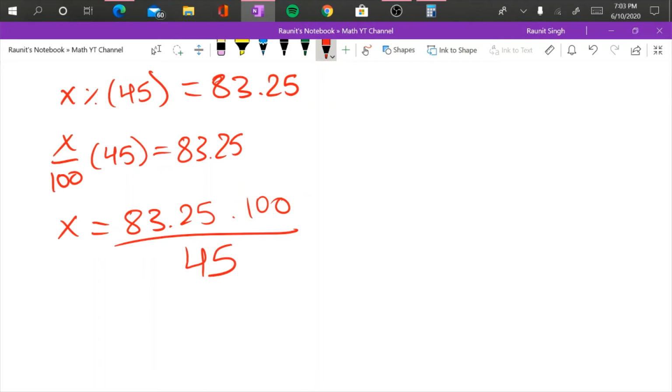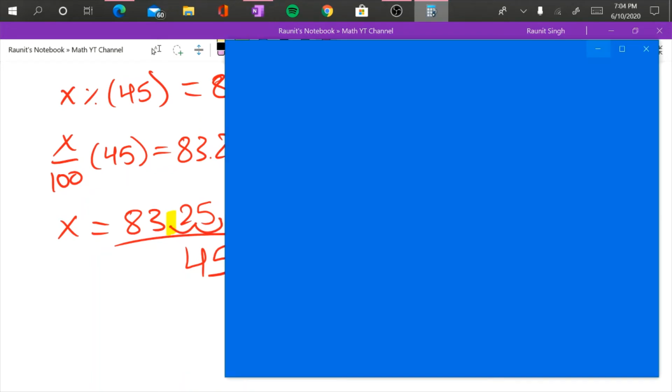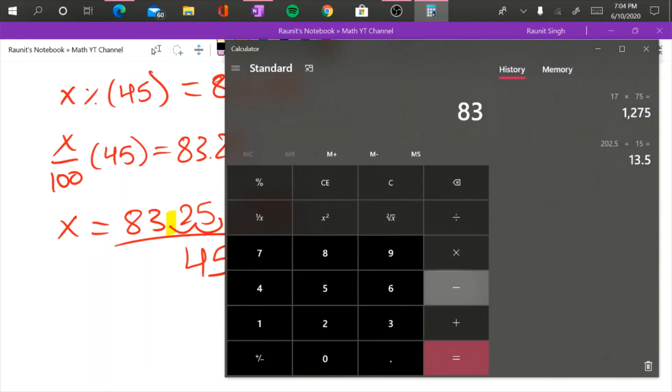Since we have 2 zeros there, we can move the decimal 2 places to the right. So then it's just going to be 83.25 divided by 45, which gives us 1.85.